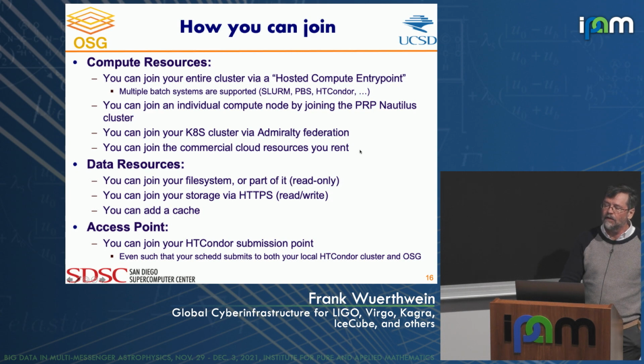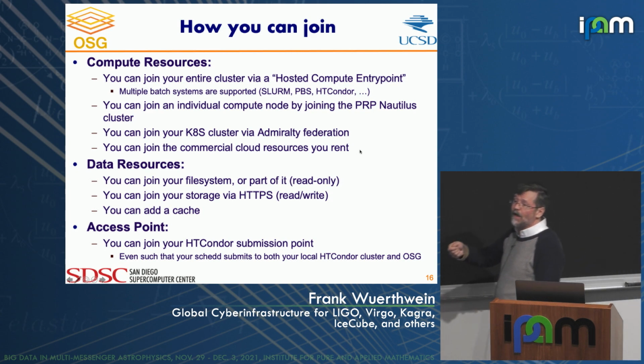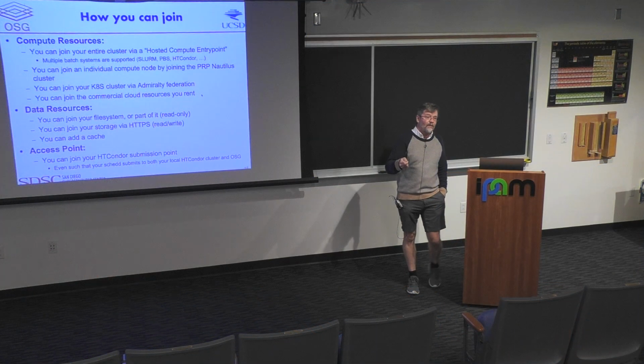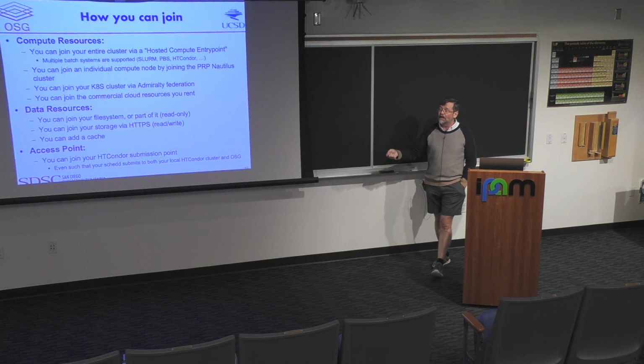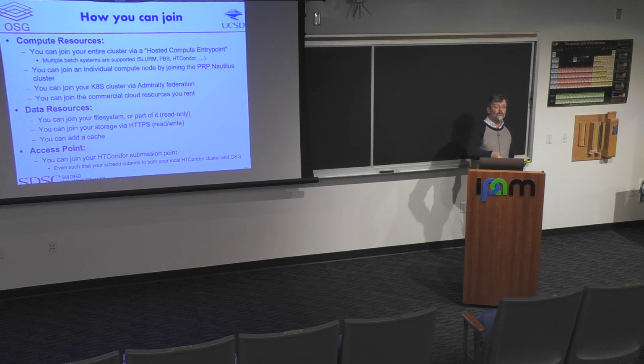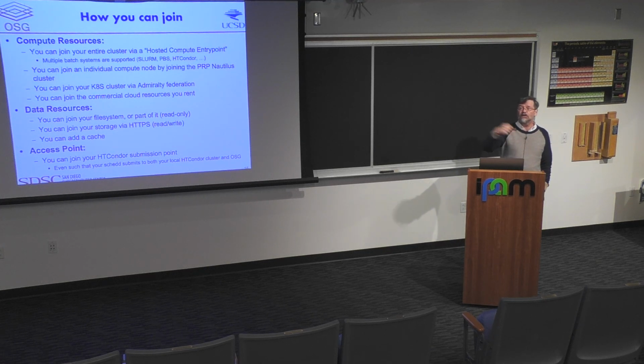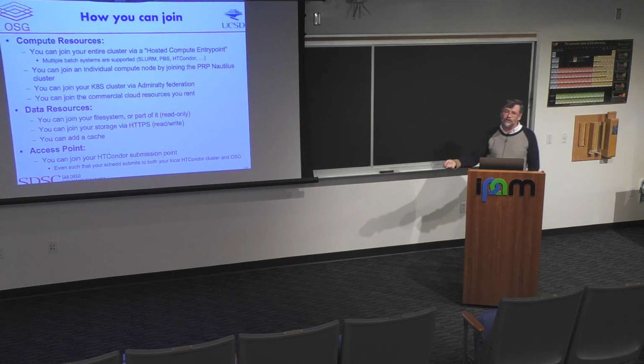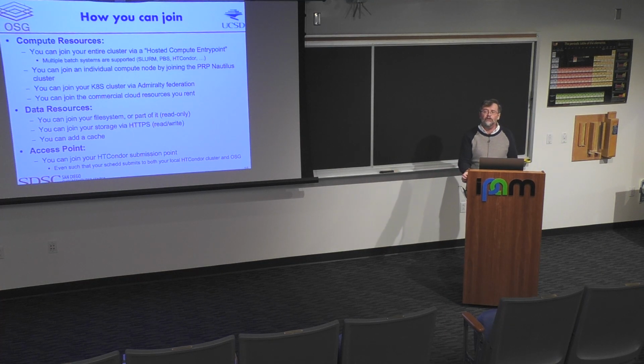You can also send us your credit card and your Amazon account, and we will purchase for you on your account and join your rented commercial cloud infrastructure, if that's of relevance. We've done this a few times. We've had at various times customers where they got, for whatever reason, either an allocation from the NSF, or had spare cash to burn, or got freebies from the cloud providers themselves.